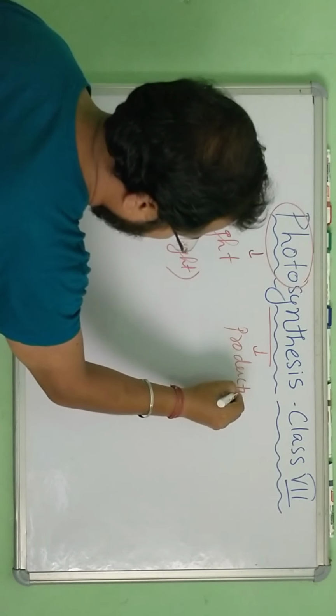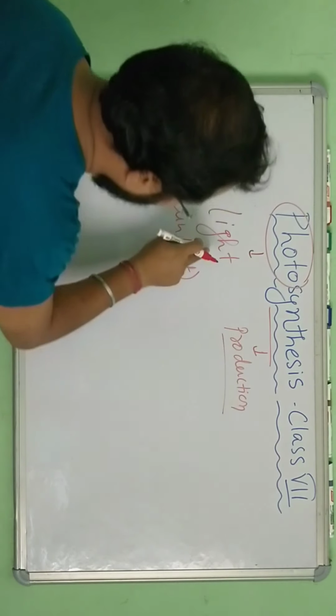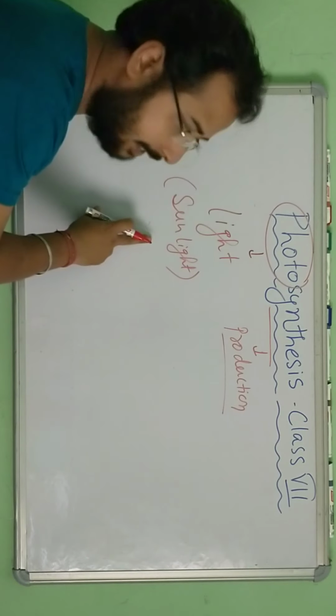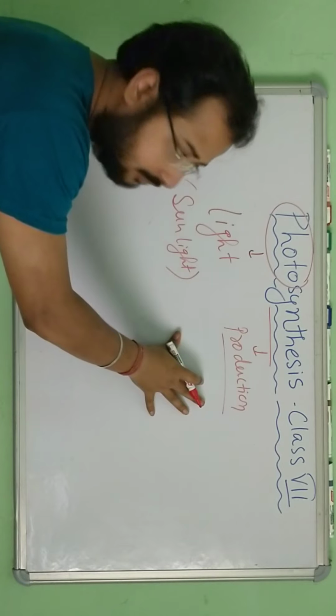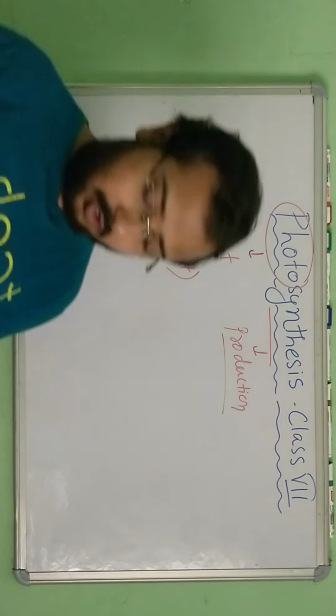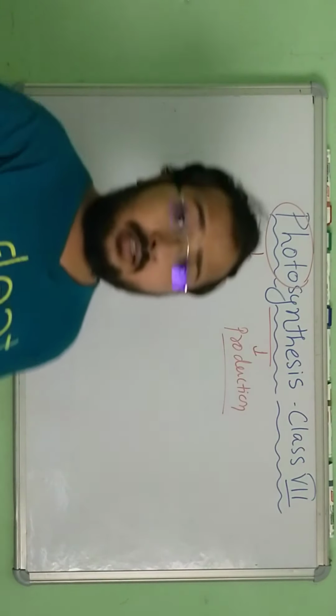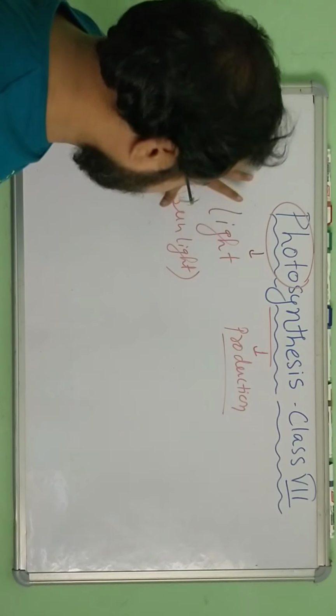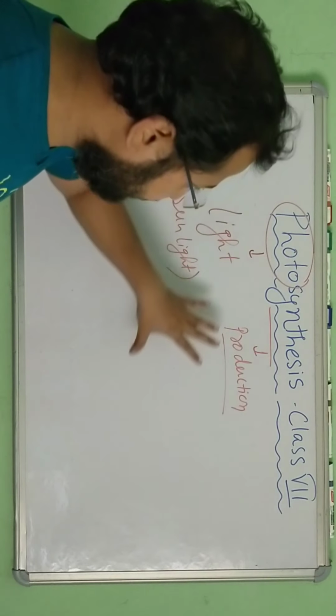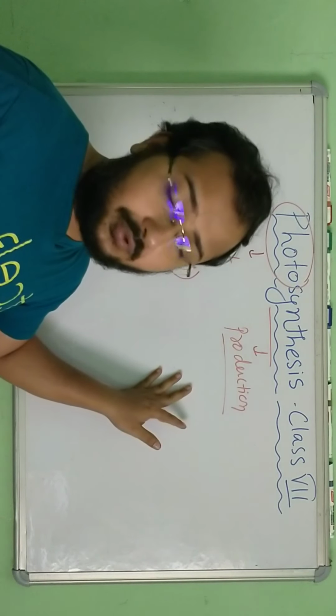So with the help of light or sunlight, food is produced. The production of food by the plant. So from here we can make the definition that with the help of sunlight, plants make their own food, produce their own food.